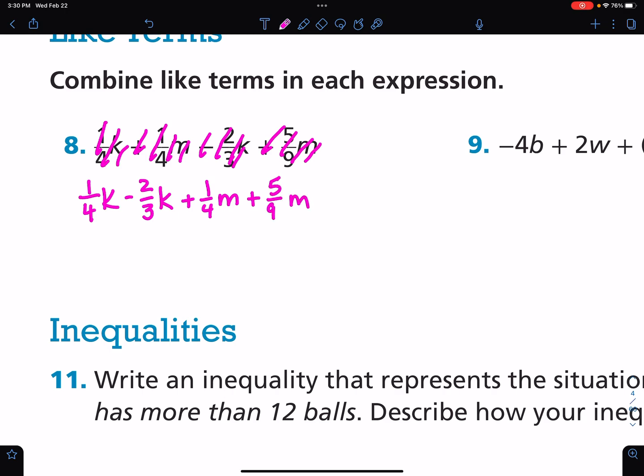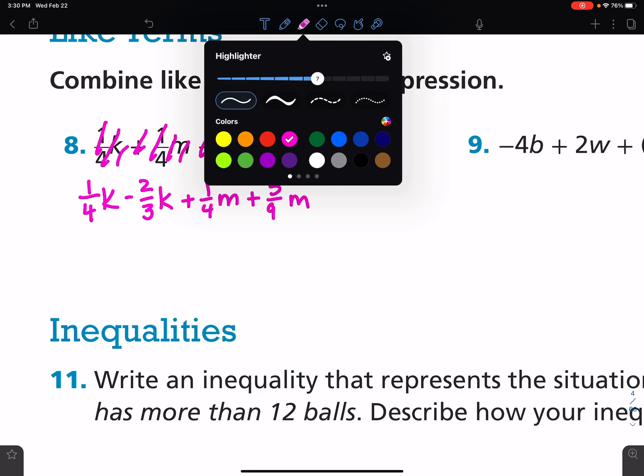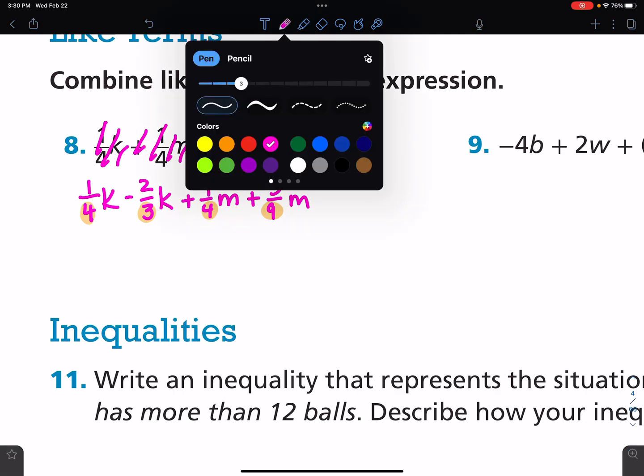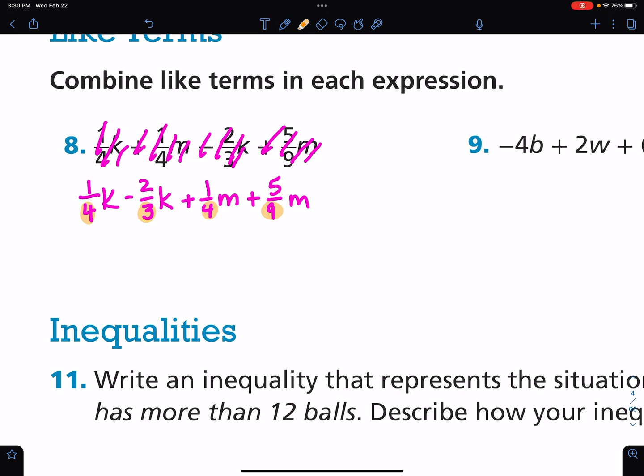Now I cannot add these fractions as they are because they all have different denominators. So I need to make the 1/4 and the 2/3 have the same denominator. I'm going to do 1/4 times 3 over 3. This is a lot of work. And 2/3 is missing the 4, so 2/3 times 4 over 4.